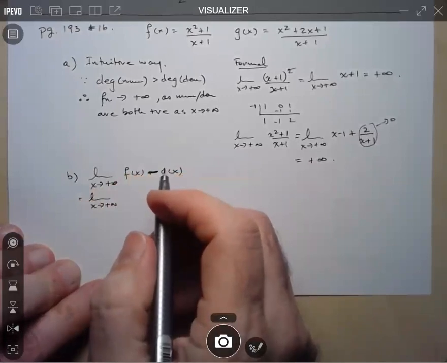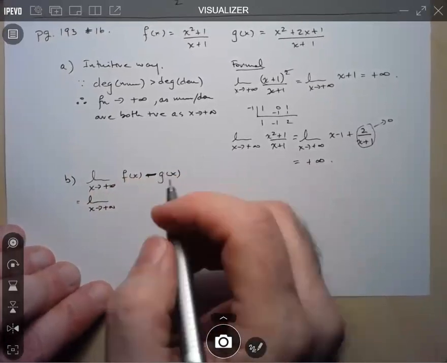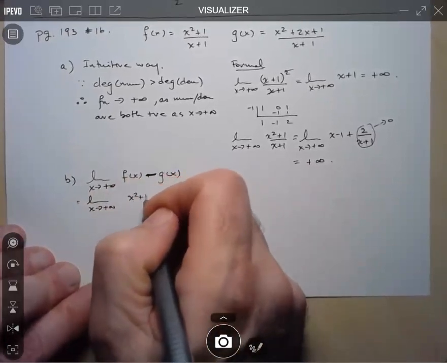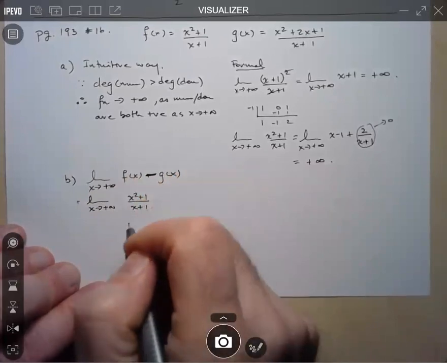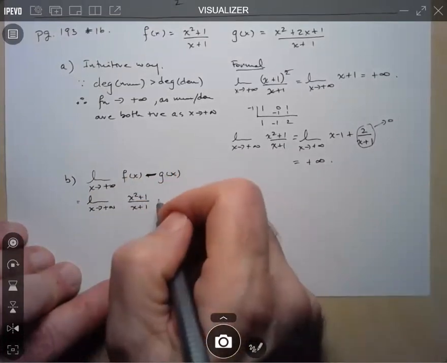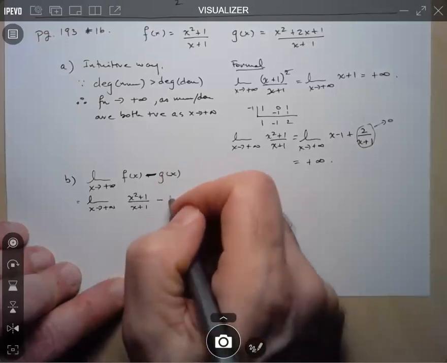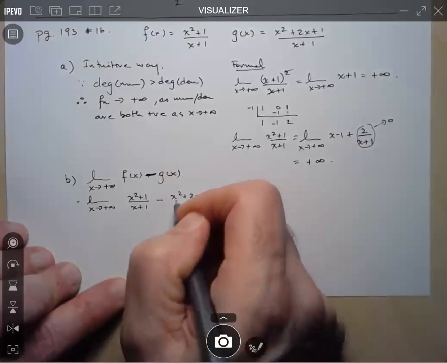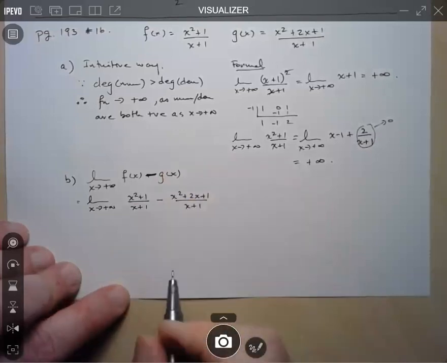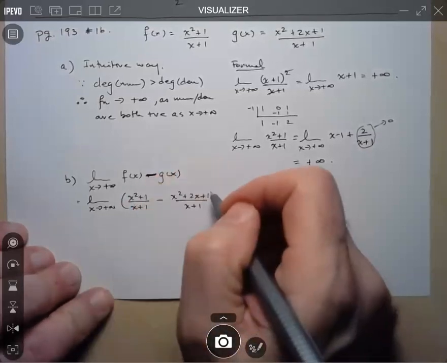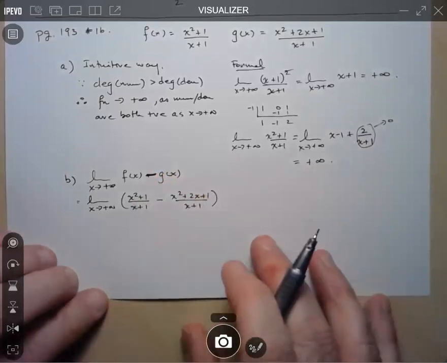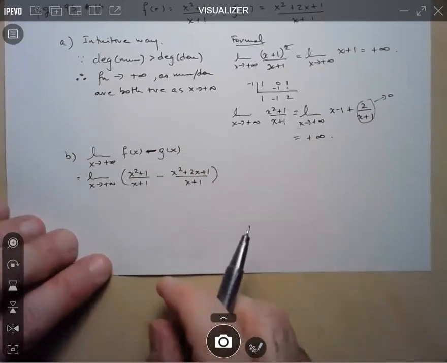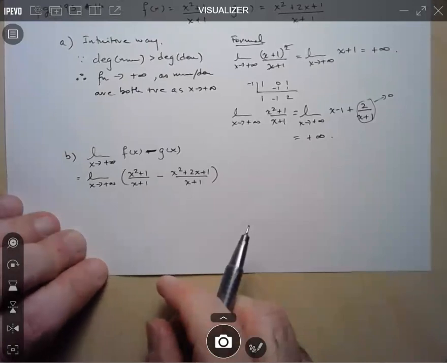Okay, so f of x is x squared plus 1 over x plus 1, and this is minus x squared plus 2x plus 1 over x plus 1. And so now I'm going to do some algebra, as we do when we're uncertain about what a limit may or may not approach.